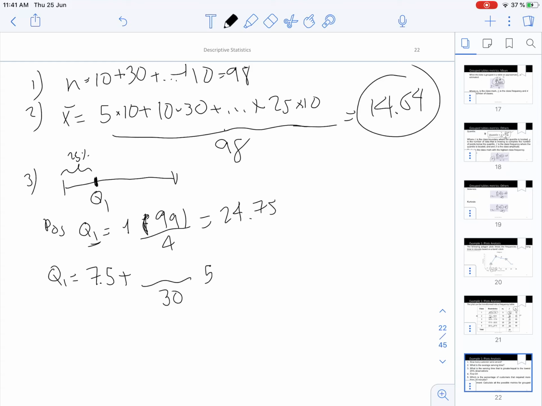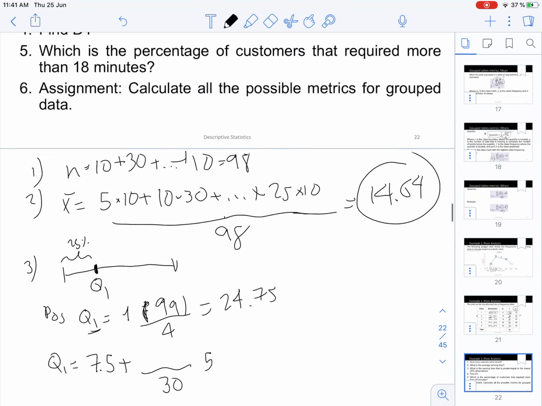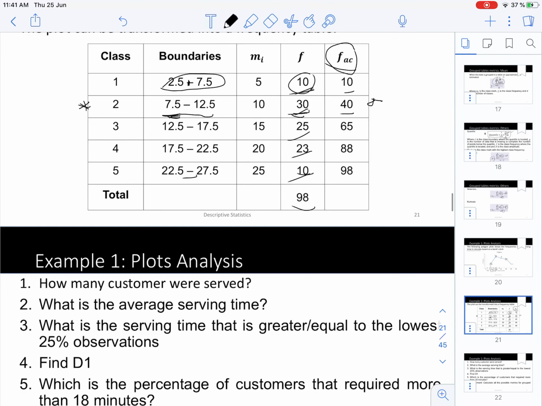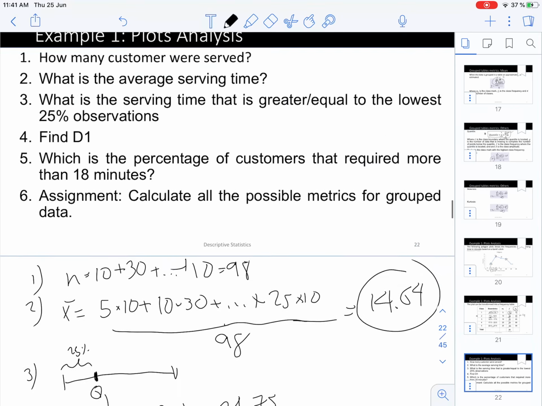So the only thing that we're missing here is G. G, remember, is the number of observations below the position inside that class. So inside the second class, there are some positions that are below the position that we found. The position that we found, remember, is 24.75, right?